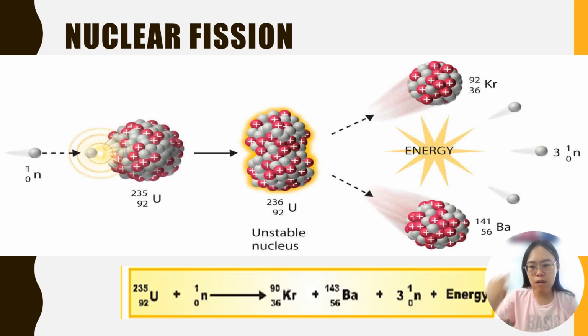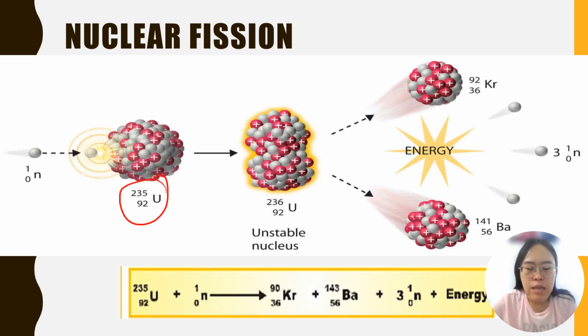Always remember that the radioactive substance that undergoes nuclear fission is usually uranium. When you see uranium, you should know that this isotope will undergo nuclear fission.